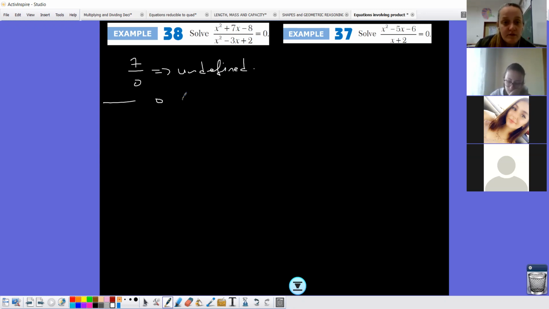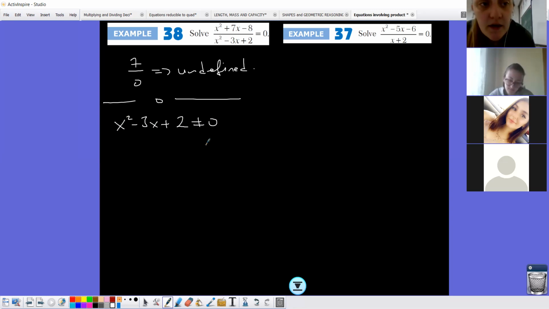Here, let me write. I'm taking the denominator. x squared minus 3x plus 2 cannot be 0. Yes, because if it is 0, it will be undefined. Now, I will find the roots that make it 0. We'll solve it normally as we were solving the quadratic equation. So I have x here, 2, 1.